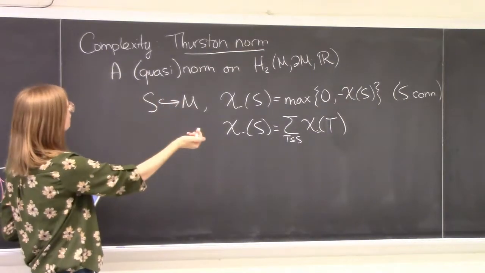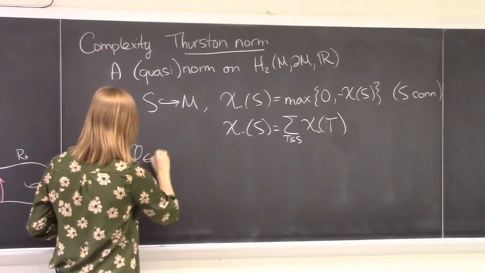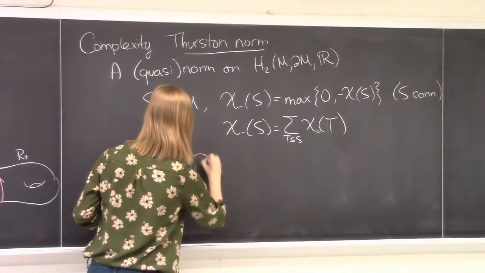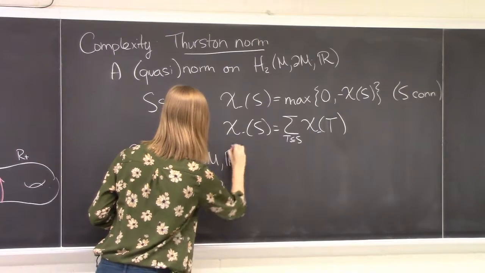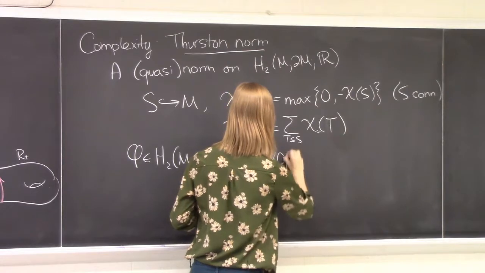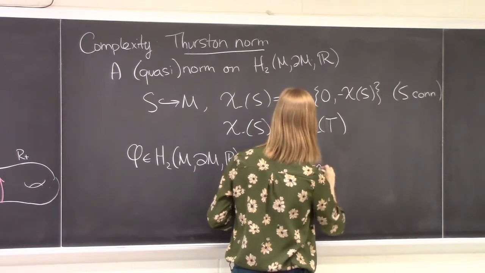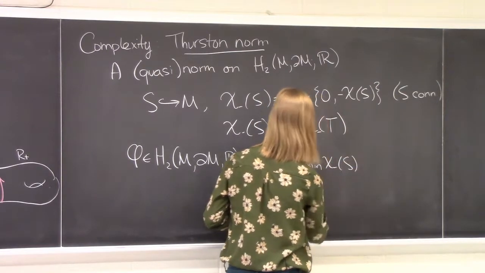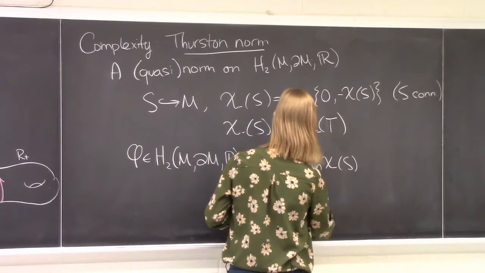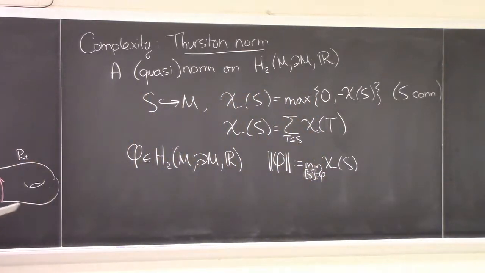If we want to define the Thurston norm on a homology class, we define the Thurston norm of this to be the minimum of our negative Euler characteristic over any representative of our homology class.